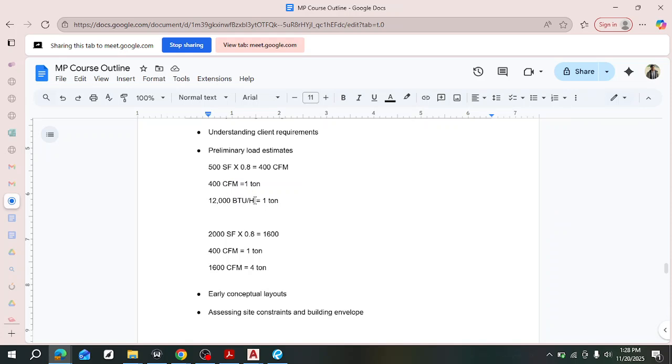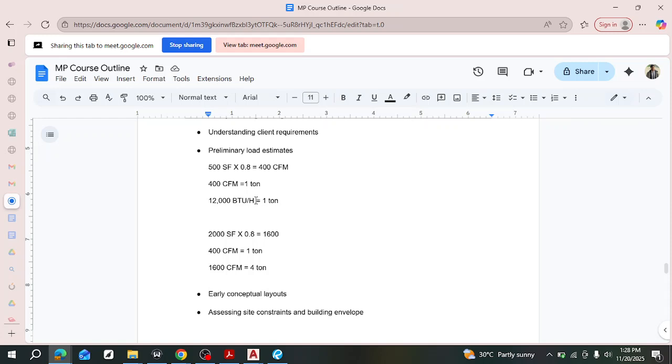Mini splits do not really work with CFMs per se. It does, but you don't really control the CFMs as much as with ducted units, because you don't have a duct where you know the area, and that area helps you know the amount of air that's coming out. Most times in mini splits, you focus more on the heating and cooling load. That's why I mentioned this BTU.